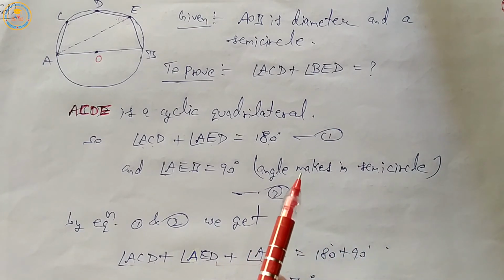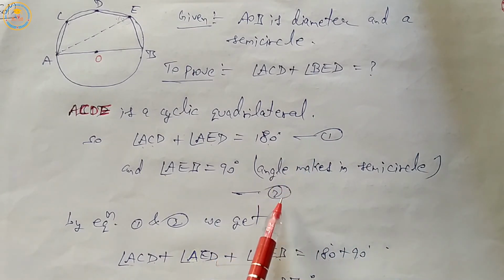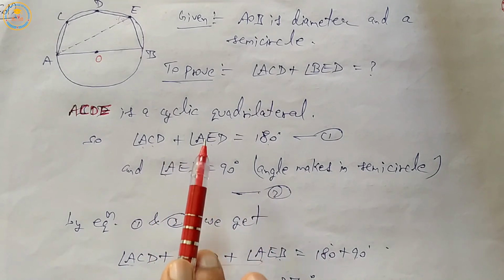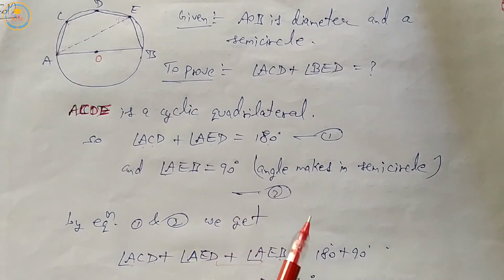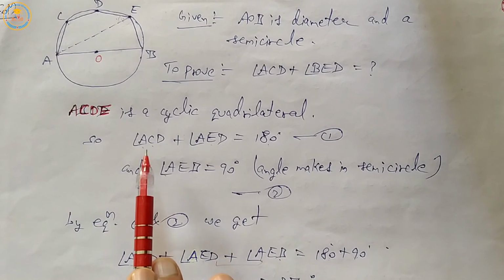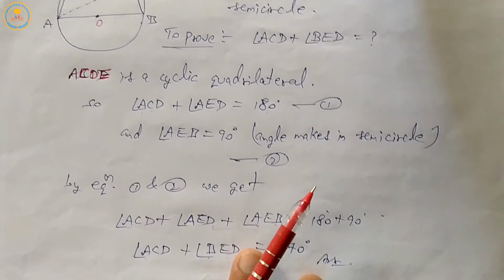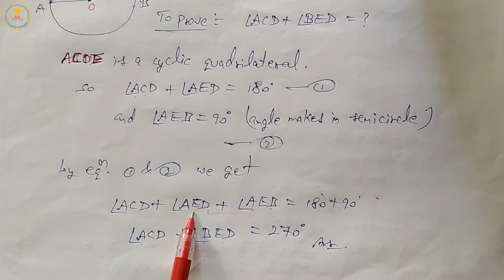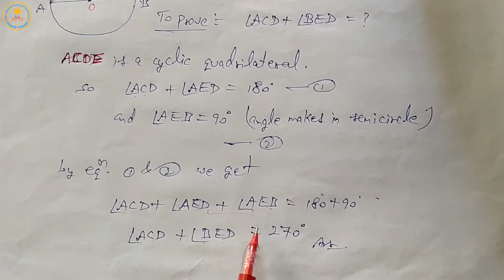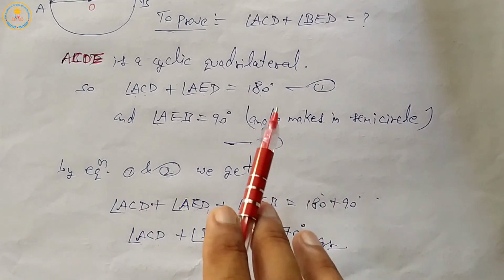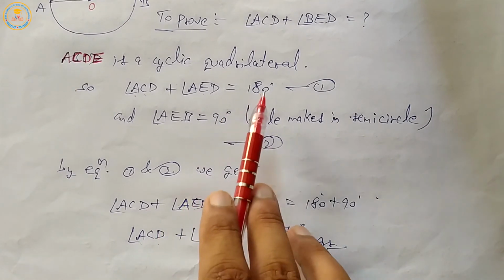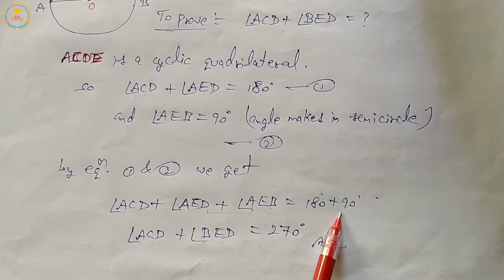Equation second. Add equation first and equation second, left hand side to left hand side, right hand side to right hand side. So left hand side ACD plus AED and AEB, right hand side 180 plus 90.